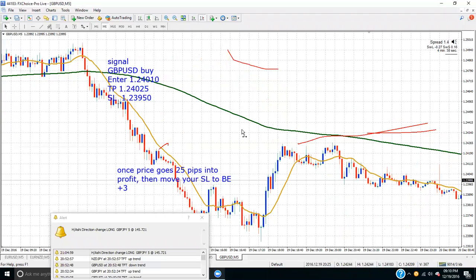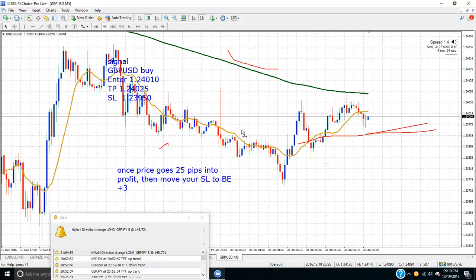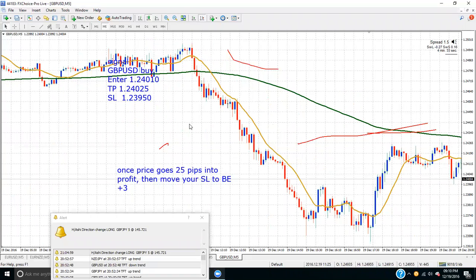I don't mess with this a lot. I mainly stay in GBP USD, GBP JPY. I do a little bit of EUR USD, and what else?